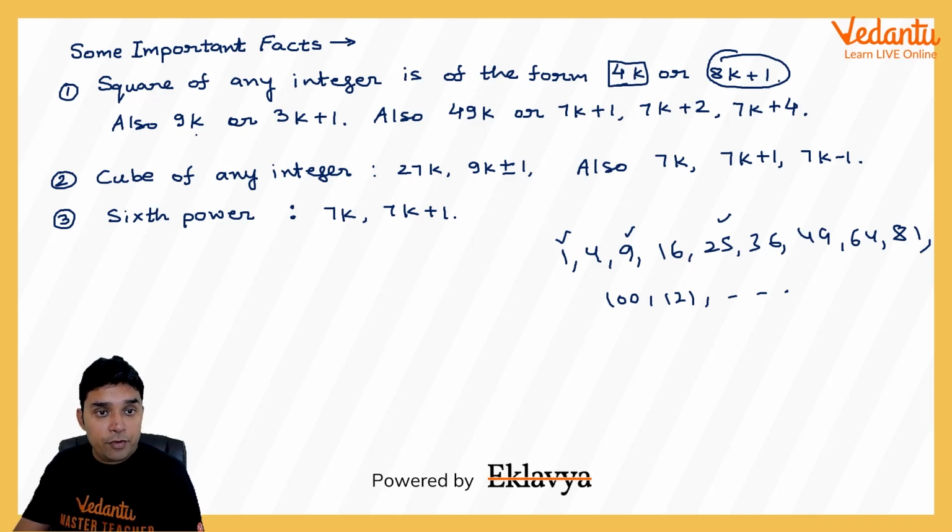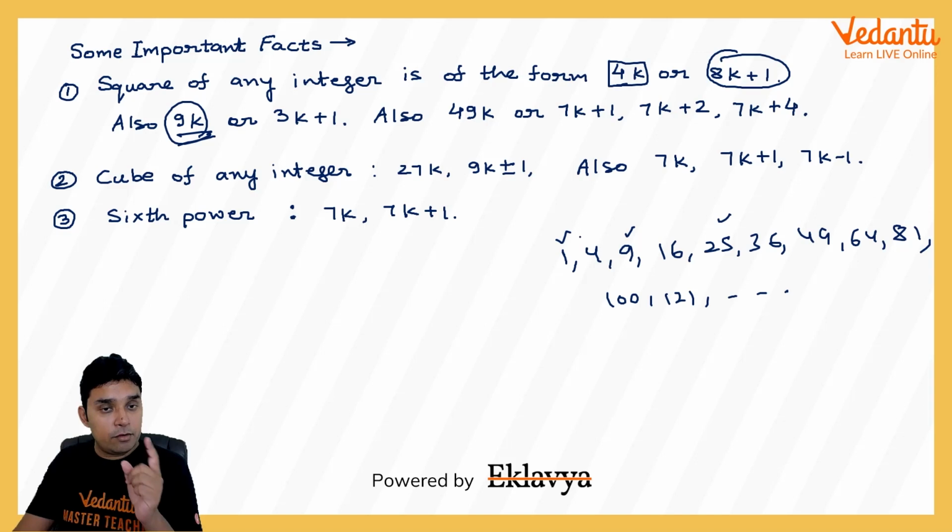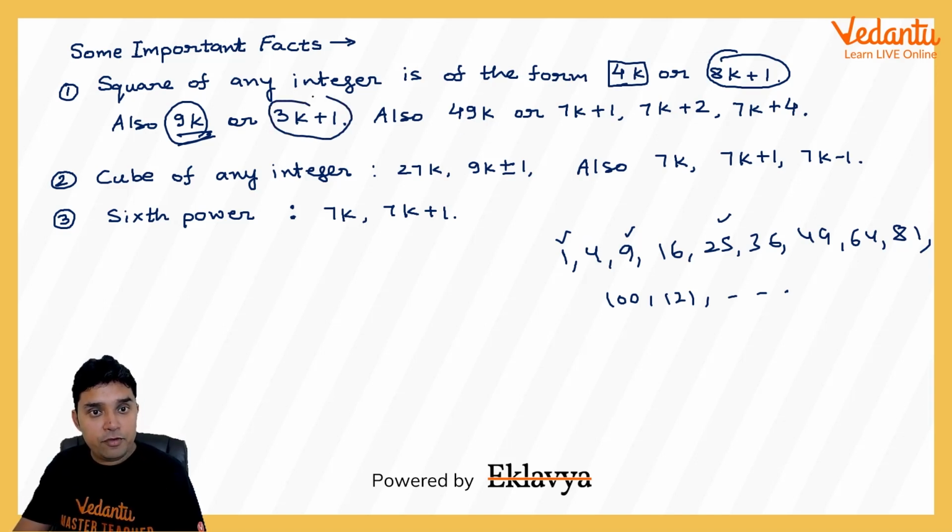Similarly, if you look at these numbers from the point of dividing by 3, then you will find all these squares will be of the form either 9k if the number is a multiple of 3, or 3k plus 1 if it is not a multiple of 3. It cannot be 3k minus 1 or 3k plus 2 for any number.